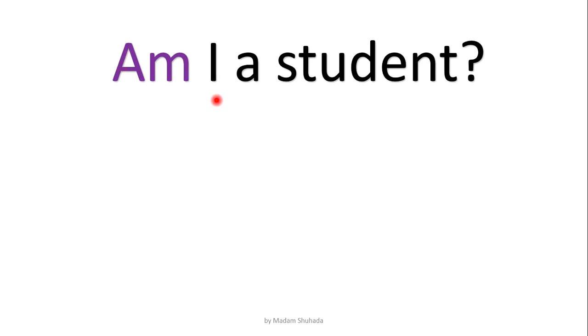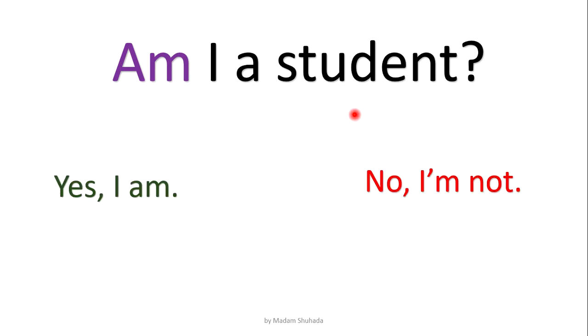Before this, the be verb was placed at the center of a sentence: subject plus be verb plus agreement, condition, or situation. But in this case, if you are going to form a question, we are going to start with the be verb. Am I a student?